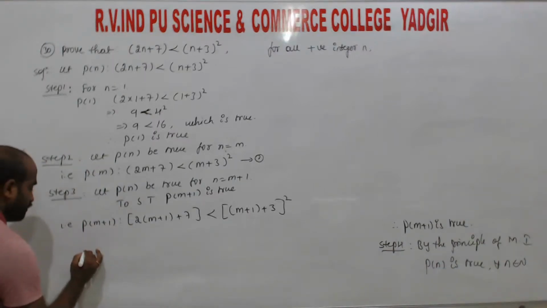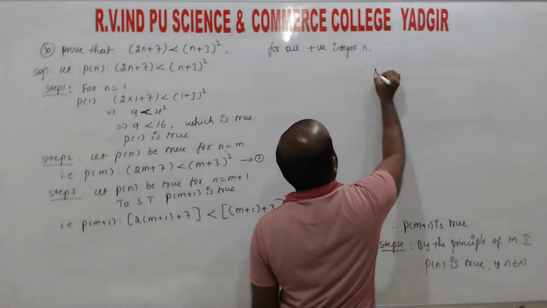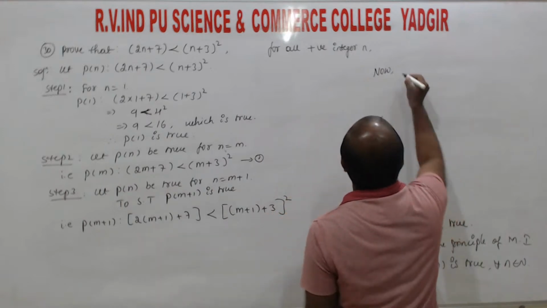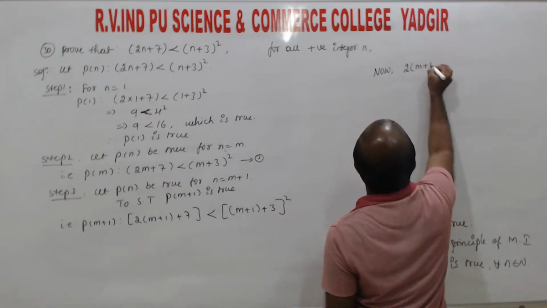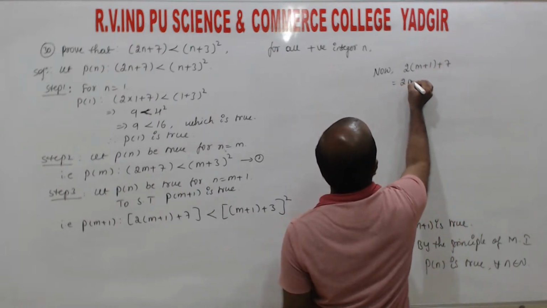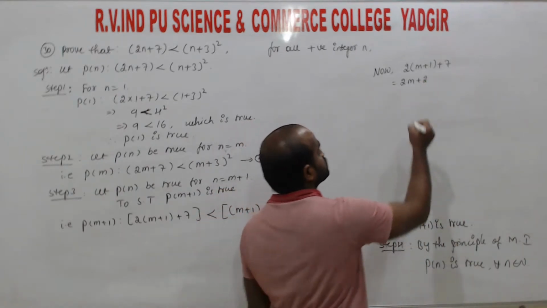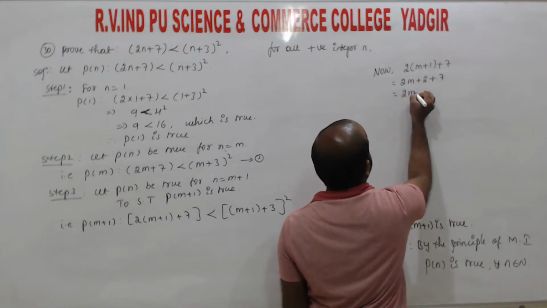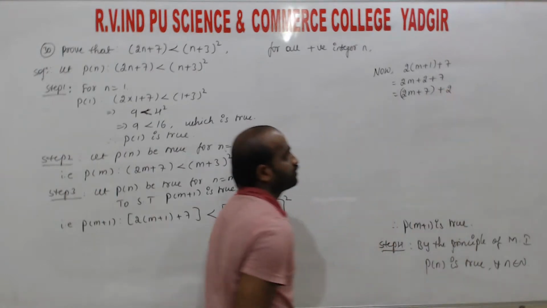Now we have to take 2 into m plus 1 plus 7 equal to 2m plus 2 plus 7. This equation can be written as 2m plus 7 plus 2.